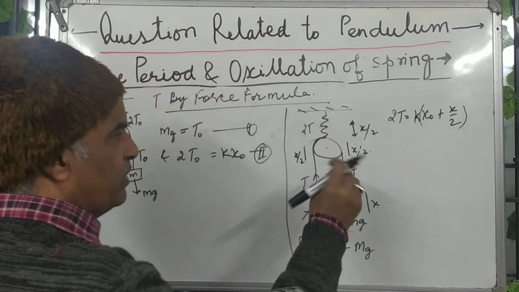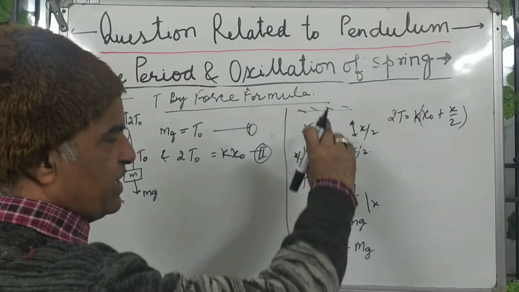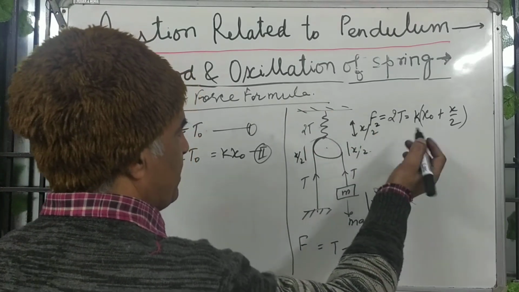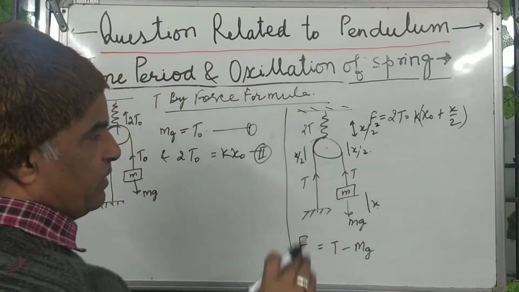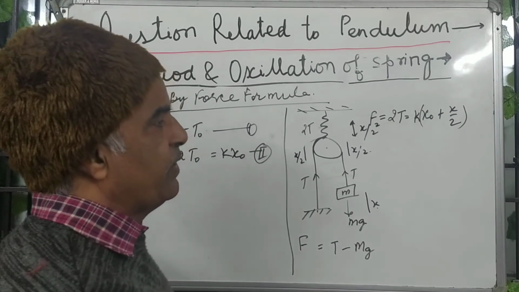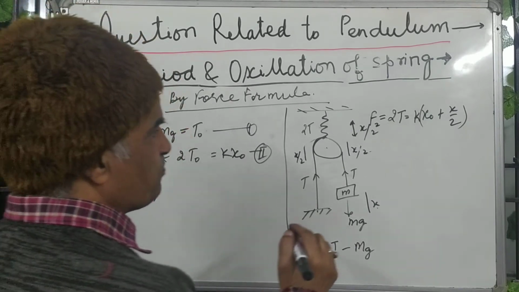So 2T equals the total force acting, F2, you can say F2 equals 2T, and this is the value.